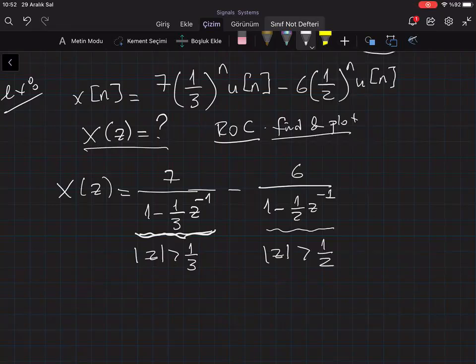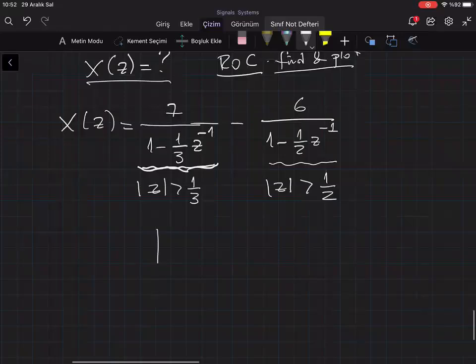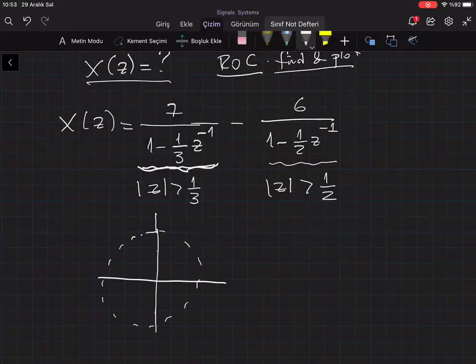So I have two ROCs right now. Bakın, how do I deal with ROC stuff right now? Let me tell you. Now I drew my ROC. How do I draw it? One of them is 1 over 2. Let's say this is 1 over 2. The other one is 1 over 3.